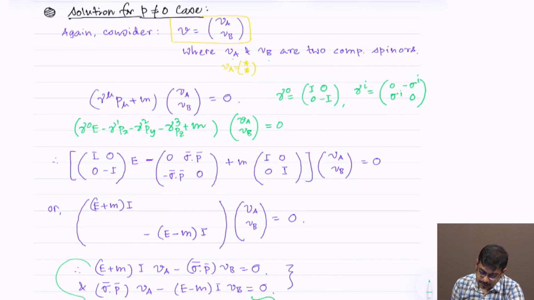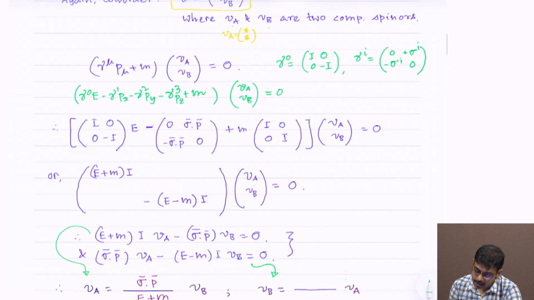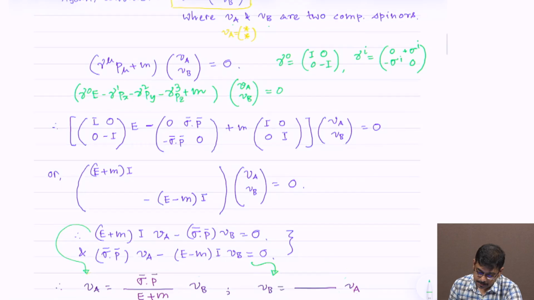So the gamma 0 E part will be (1 0; 0 minus I) E, and then the minus of gamma 1. I think I made a mistake of the sign here: this is plus sigma i and minus sigma i. So therefore this is minus of (0 sigma dot p; minus sigma dot p 0). This part plus m times the diagonal matrix (I 0; 0 I), acting on (vA vB), equal to 0.